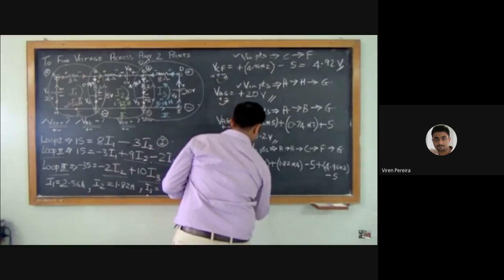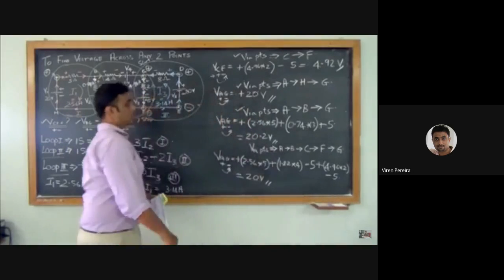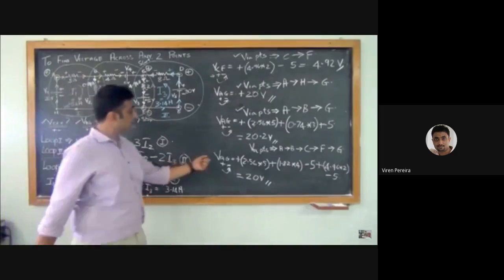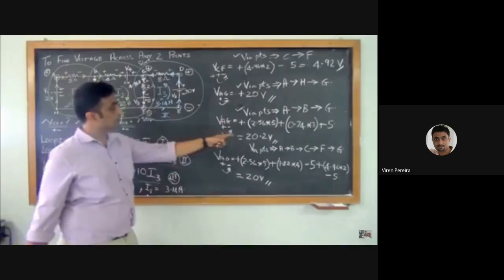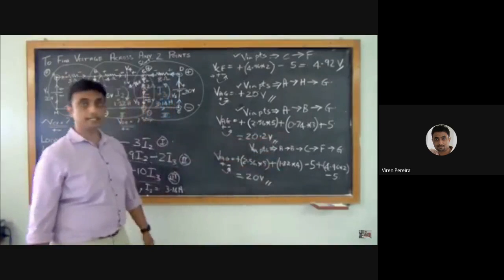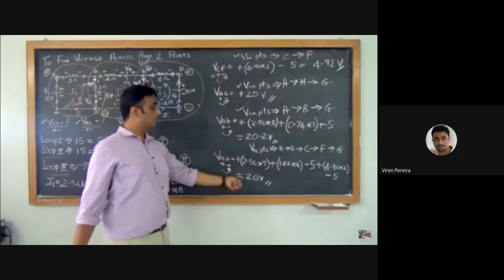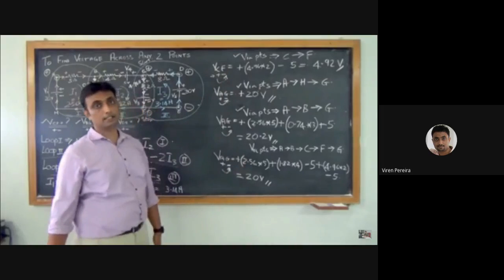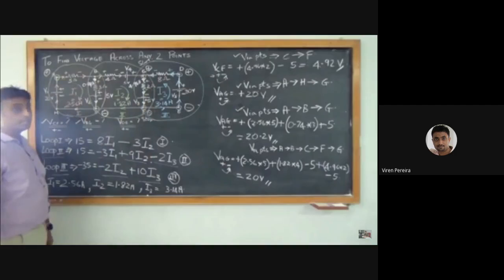So this will give me a value of exactly 20 volts. So if you check this, you're getting basically 20 volts. So I'm getting 20 volts across VAG via points A, B, C, F and G. So no matter which wire points you take, your answer will always be consistent. You will get the same answer no matter which point you take.